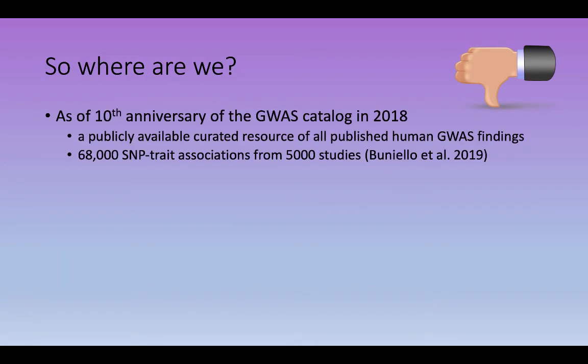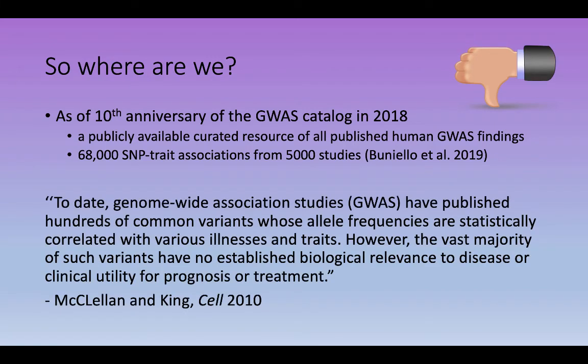So where are we? As of the 10th anniversary of the GWAS catalog, there's a publicly available curated resource compiled for all human GWAS findings. In there, there are about 68,000 SNP trait associations from 5,000 studies, so a pretty impressive amount of work.